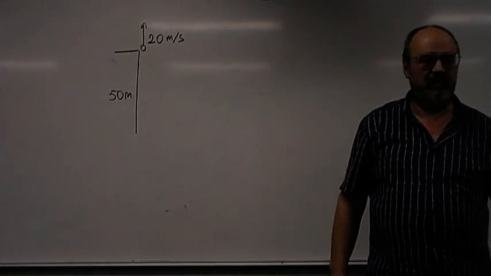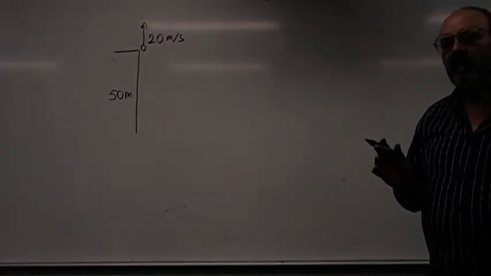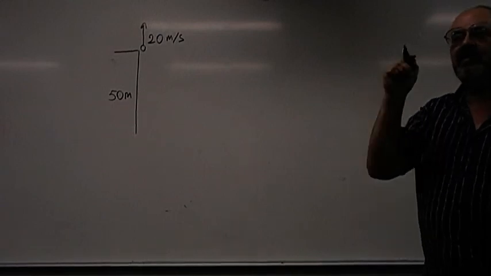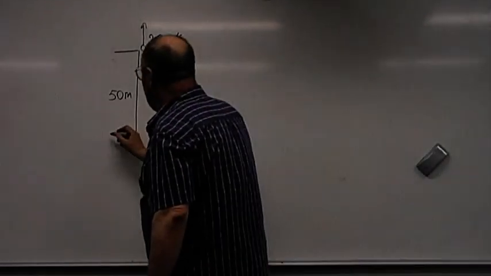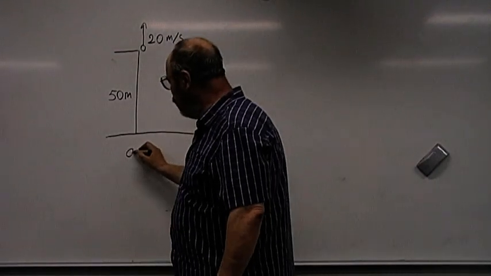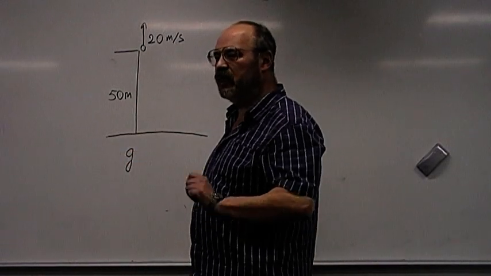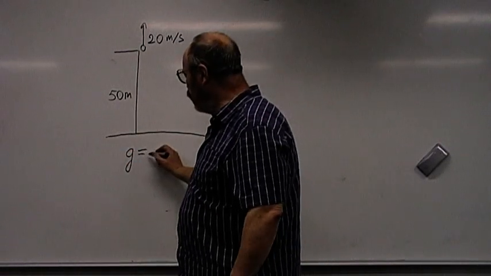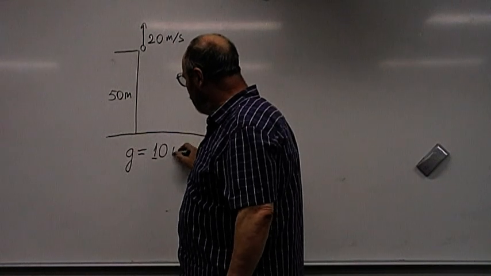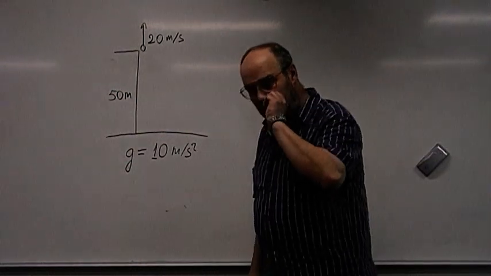We have some potential energy. Also, we know the acceleration due to gravity is g, and it's down. For simplicity's sake, we'll take it not as 9.8 but as 10 meters per second squared.